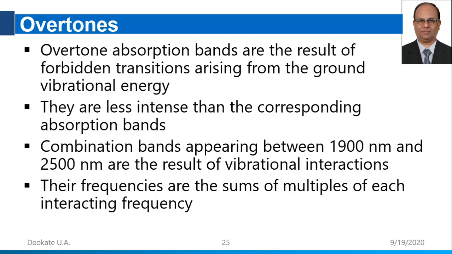The two bending vibrations are equivalent and absorb at the same frequency of 667.3 centimeter inverse. The first overtone of this is 2 times 667.3, that is 1334.6 centimeter inverse. So that is how Fermi resonance has occurred.